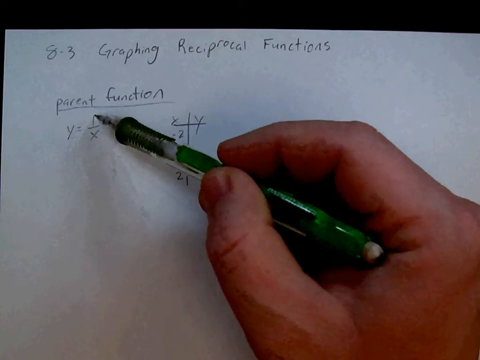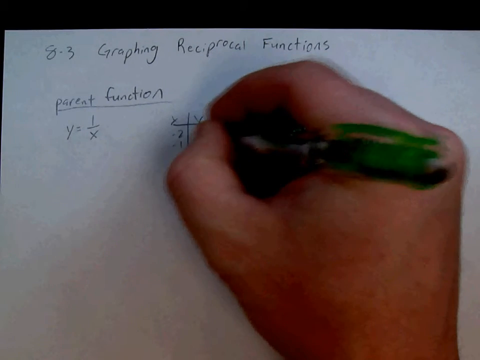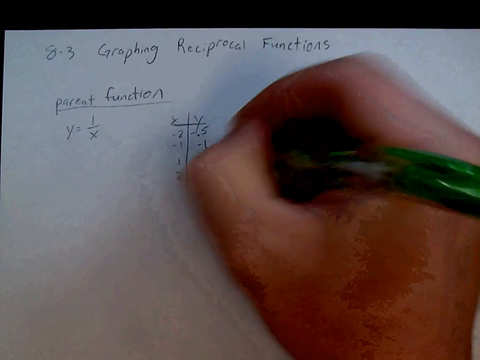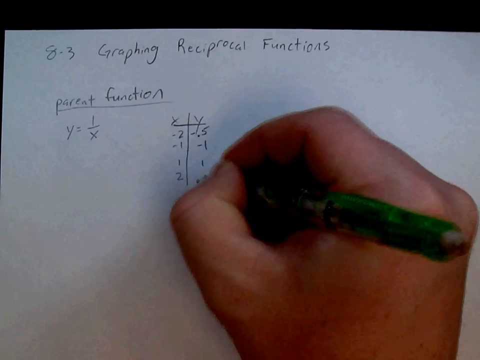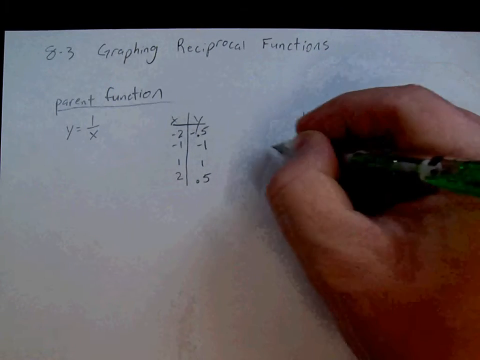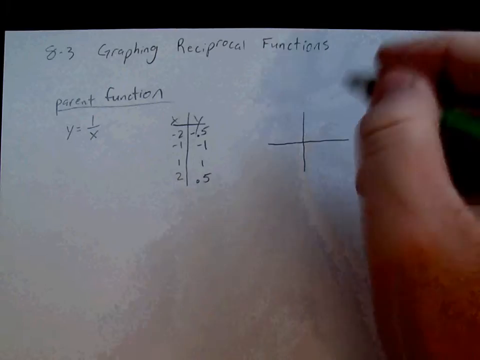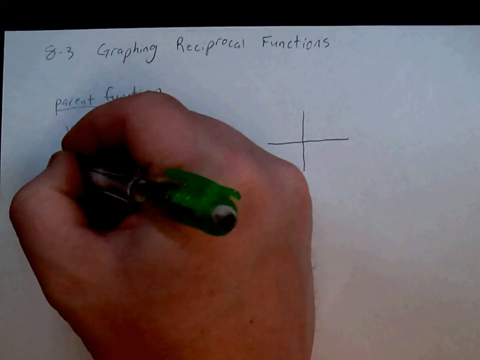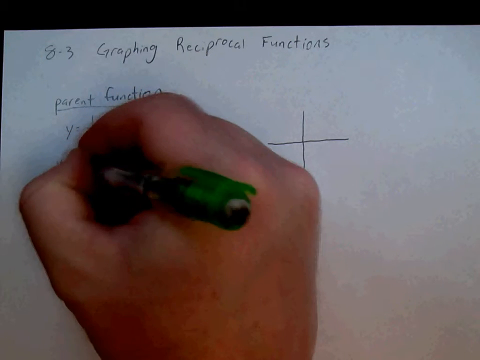So if I plug in negative 2, 1 over negative 2 is just negative 1/2. 1 over negative 1 is negative 1, 1 over 1 is 1, 1 over 2 is 1/2. So if I were to graph this now, we've established that x cannot equal 0. So if x can't equal 0, that's going to be a vertical asymptote.